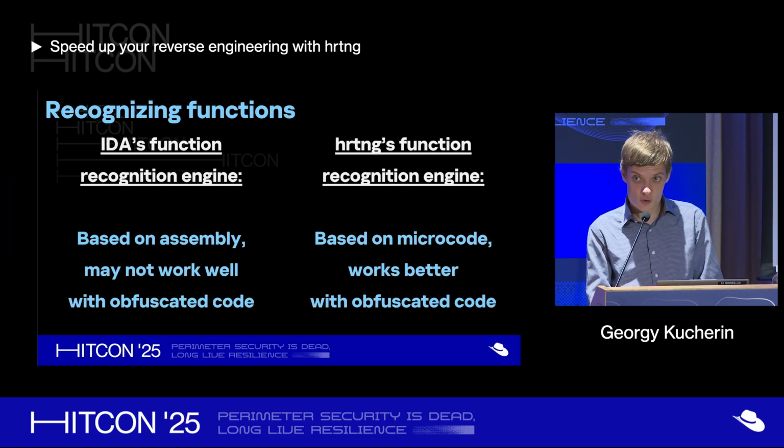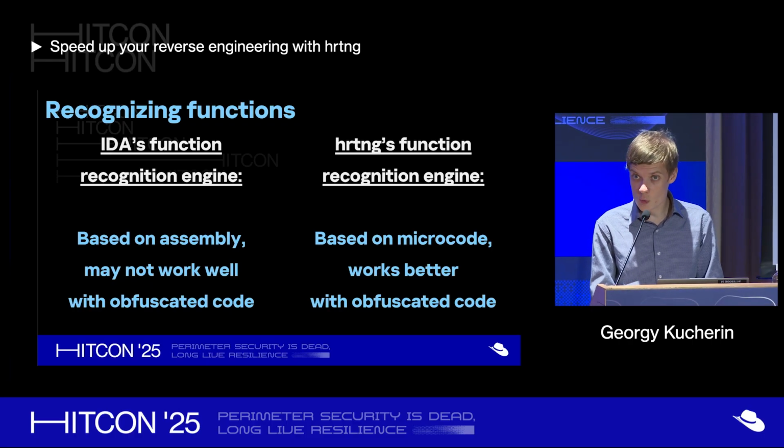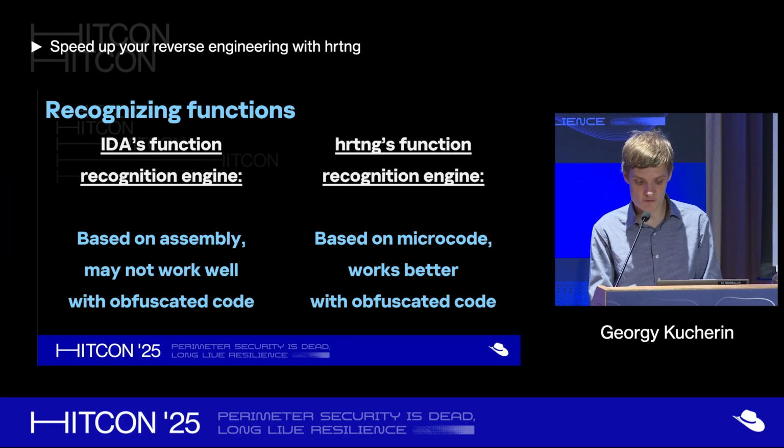And essentially, what we need to do is to perform function recognition to find out what each function does, because manually analyzing each function is very tedious. While IDA has a built-in function recognition engine called FLIRT, it works with assembly, and because of this, it doesn't work very well with obfuscated code. However, hrtng implements its own function recognition engine called MSIG.